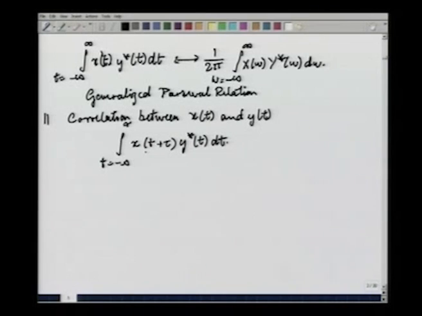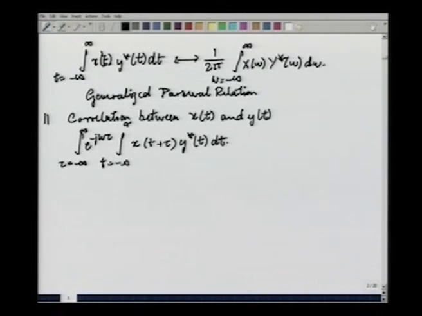Now, if you evaluated the correlation of these two functions, and you wanted the Fourier transform of the correlation, that is to say, you wanted over all tau, e to the minus j omega tau, tau equals minus infinity to infinity.